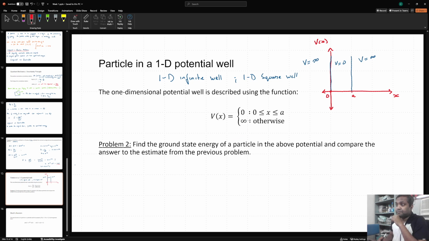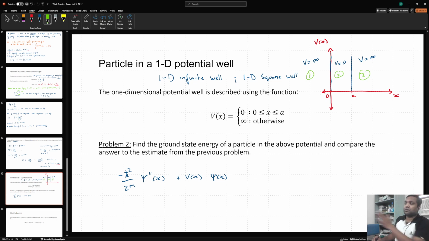Now to solve this, I need to look at the Schrodinger equation. The Schrodinger equation is again minus h bar squared by 2m. Now I'm going to just use the shorthand notation as we are moving towards the end of the session, plus v of x psi of x, and let me say for reference, this is region 1, region 2, and region 3.